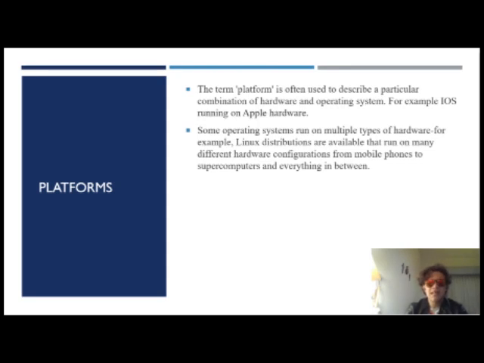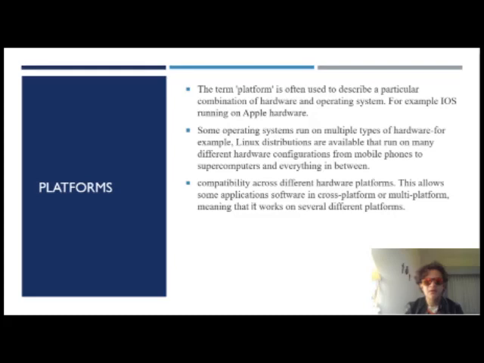For example, Linux distributions are available that run on many different hardware configurations, from mobile phones to supercomputers and everything in between. So this is where compatibility across different hardware platforms comes into place. This allows some application software to be cross-platform or multi-platform, meaning that it works on several different platforms.